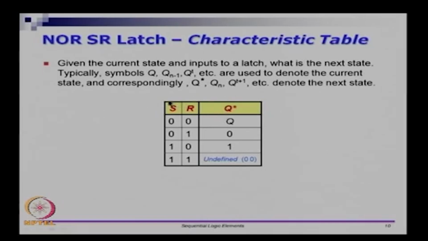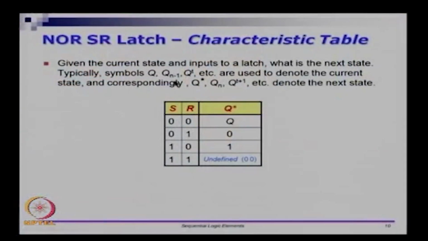So what we are going to state is that at the current time point, this is the value, and if the inputs change, what will be the next value. Remember, the next value should depend on the current value as well as the inputs that have come in. So we will use the symbol Q, Qn minus 1 or Q of t to denote the value at the current time point, and we will use Q star, Qn or Q of t plus 1 for what is supposed to be in the future.